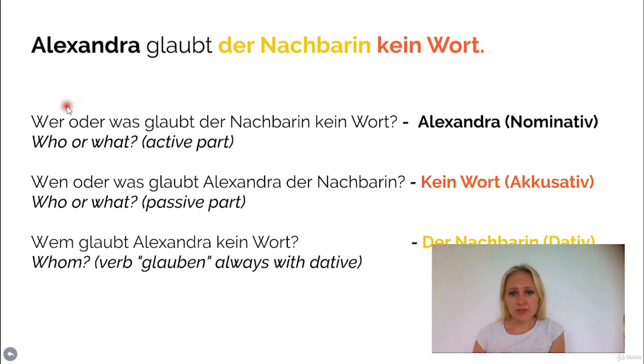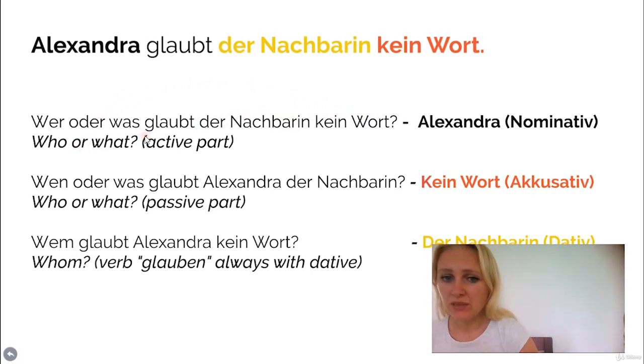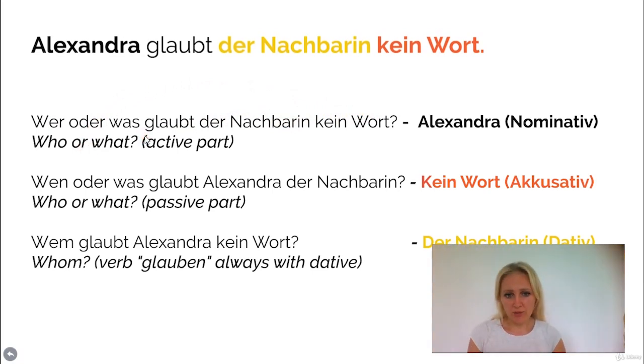So the case question for the nominative case here is, wer oder was glaubt der Nachbarin kein Wort? Who or what doesn't believe a word to the neighbor? And it's the female neighbor, Nachbarin. But here, since we use the verb glauben, which is a dative verb, whomever you believe needs to be put in the dative.